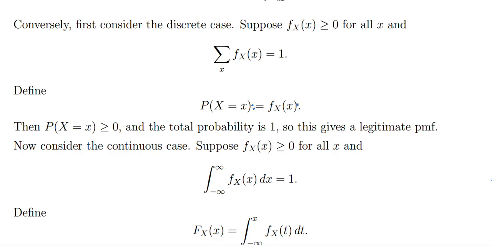Then why is this non-negative? Yeah, this is already assumed. We wanted to show that this is a PMF, and total probability is 1. So this gives a legitimate PMF. That's it. This directly comes from a trivial statement.